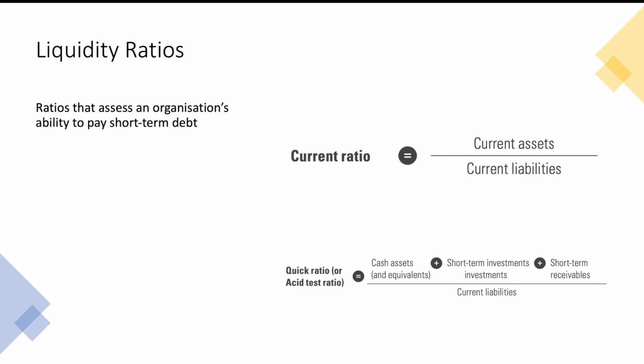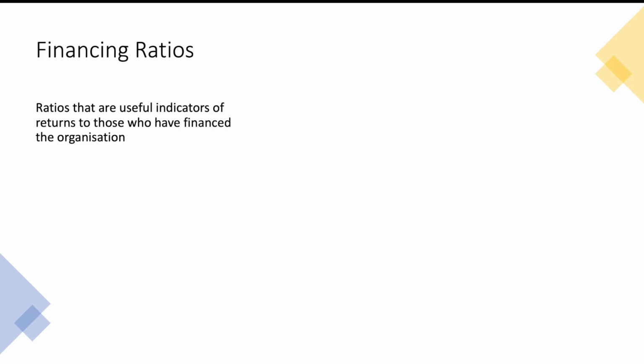Now come to the financial ratios. Financial ratios have two types. Number one is ratios that are useful indicators of returns to those who have financed the organization. Return on equity ratio, ROE.